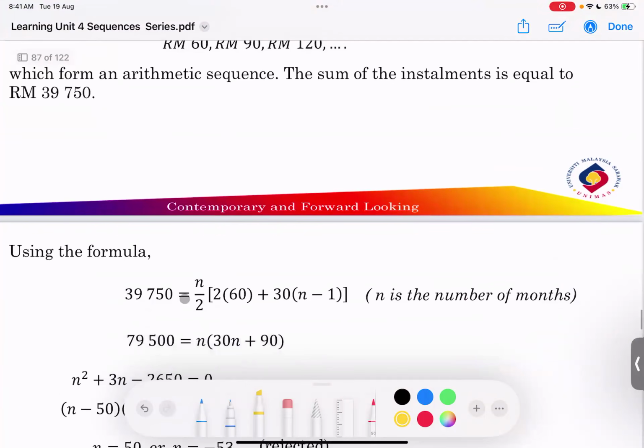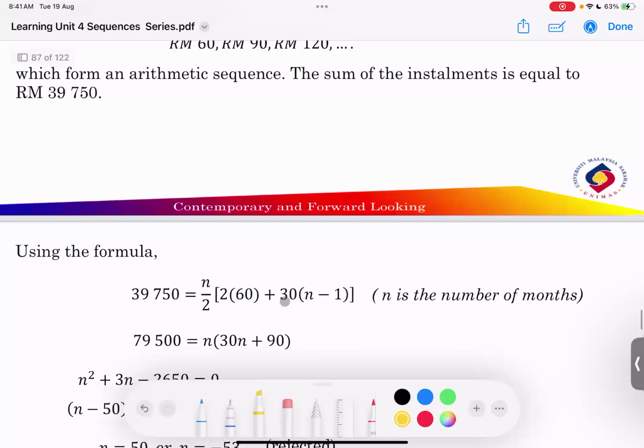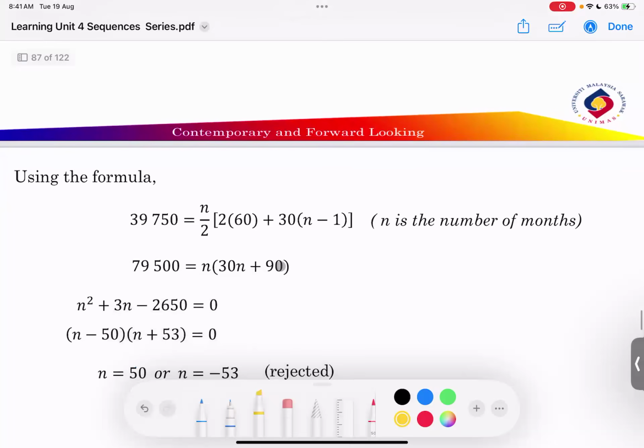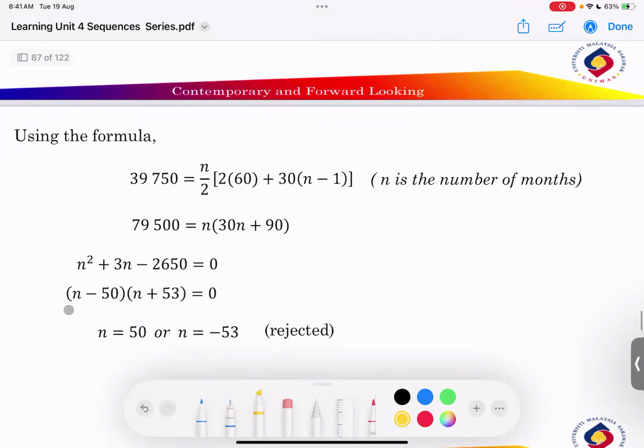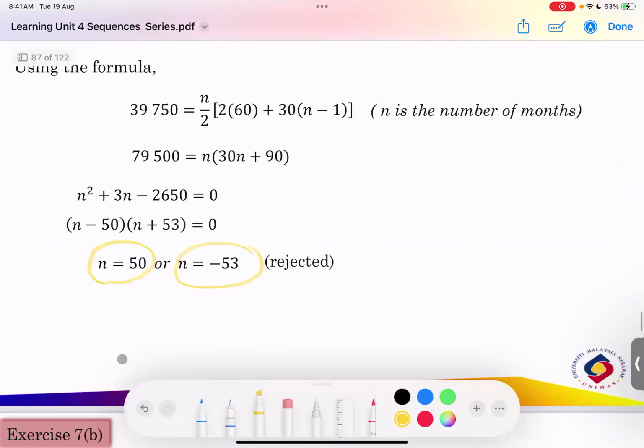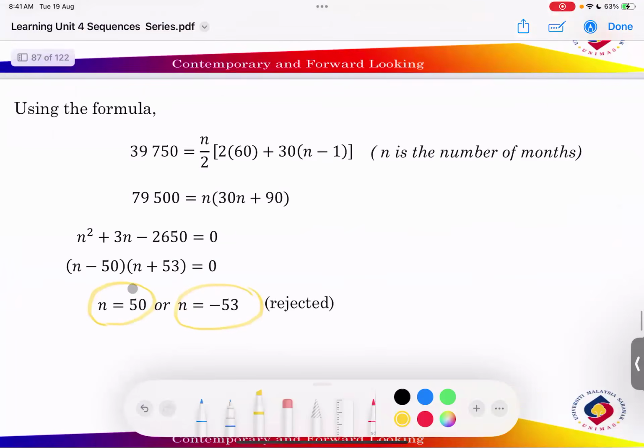So we can put into this formula the total amount of money, and then we will use factorization to find the answer. As you see from here, this one was selected, this one is rejected, so it will be N equals 50. So how long do they need to take?